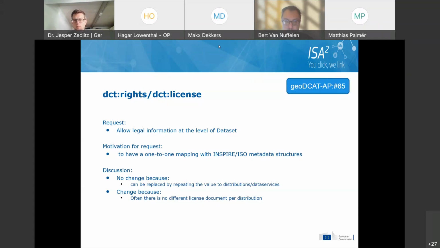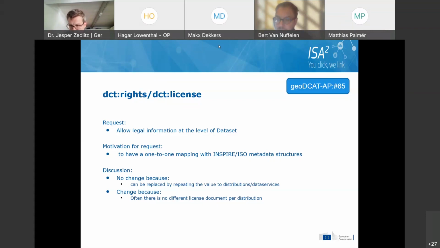That was the reason that the license came on the distribution in DCAT 1, and it stayed there. And I think the problem is still, as Jesper said, that if the license applies to the conceptual data, then you need to interpret that to apply to all its distributions.